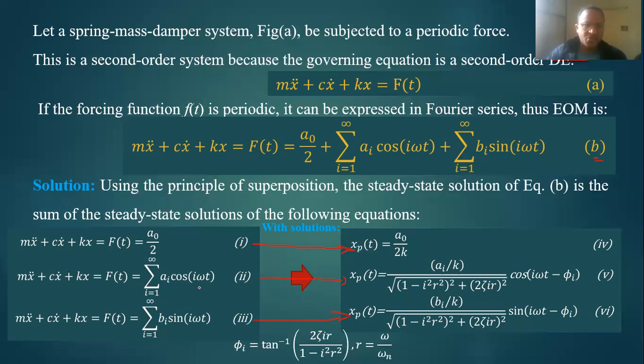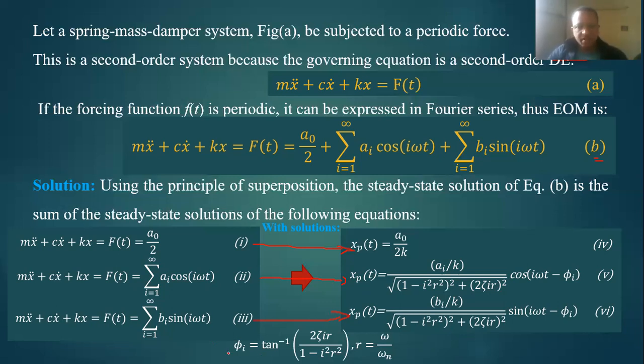In this, a i cos i omega t for i from 1 to infinity, we assume the solution a i over k, over the radical of 1 minus i square r square, the whole square, plus 2 zeta i r squared. Here i is the number of that iteration, 1 to 3, through to infinity. R is the frequency ratio, that is, forcing frequency over natural frequency.